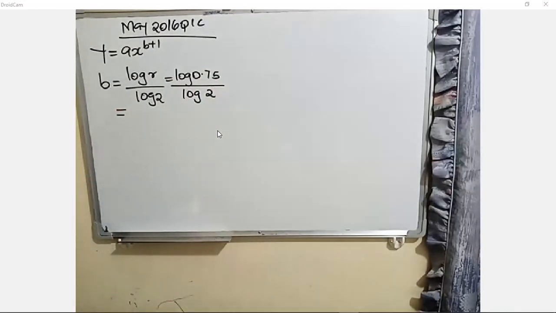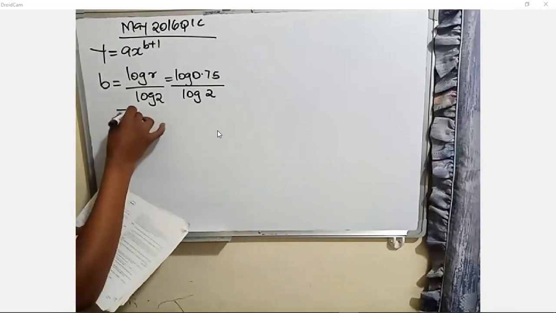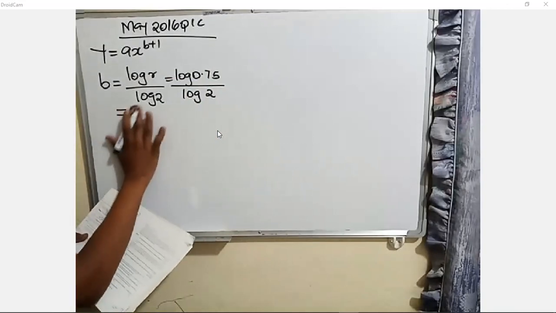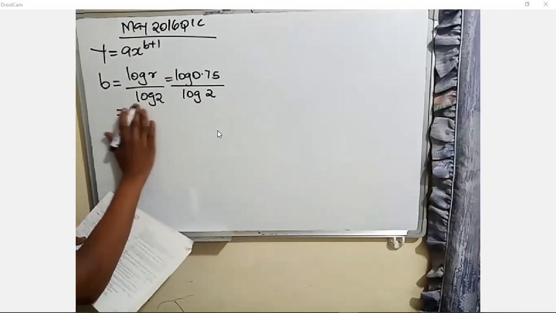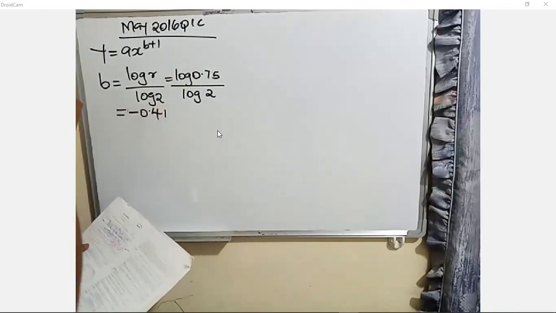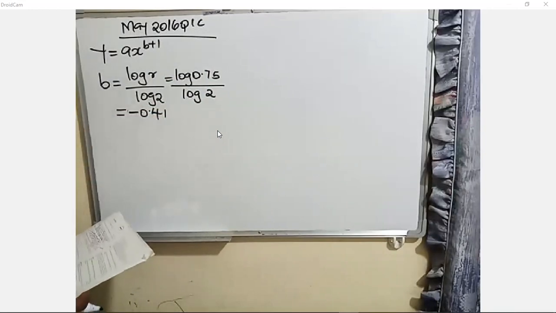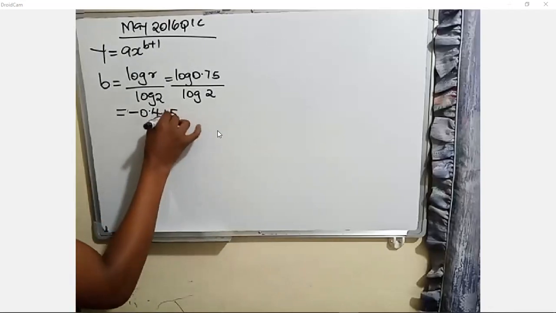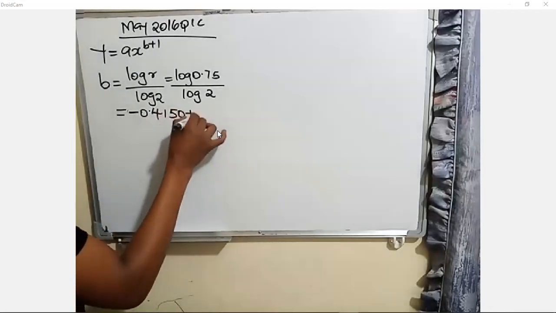What is our b? Negative 0.41. Give me 4 decimal places, please. Negative 0.4150, thank you. So this one I add 1.